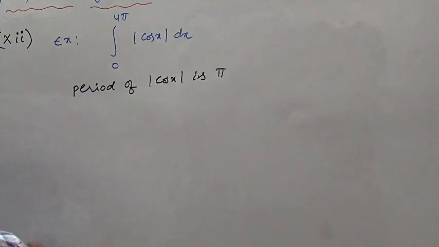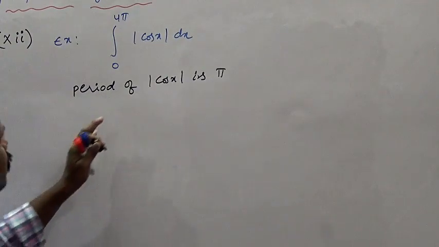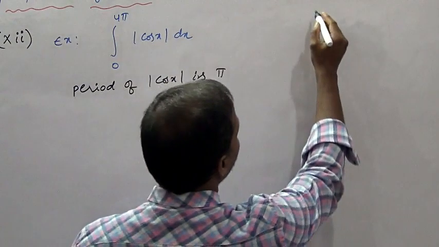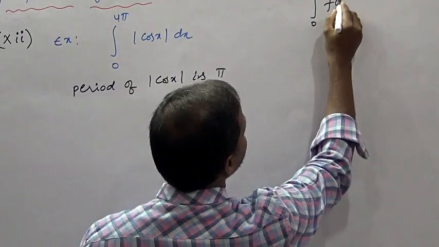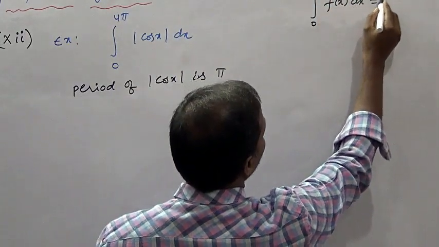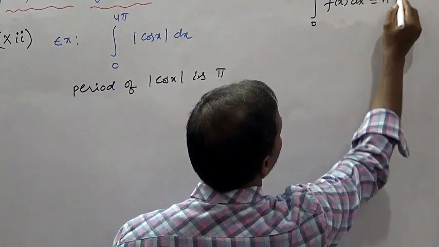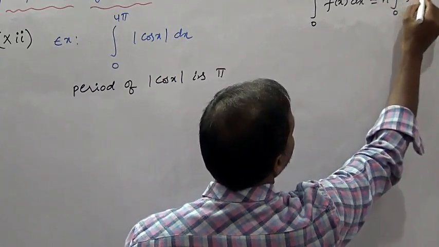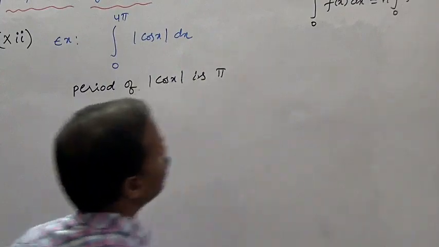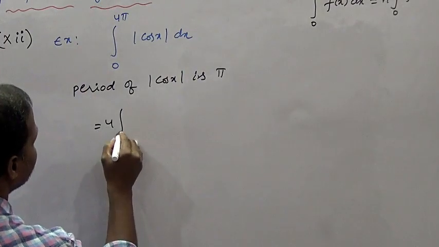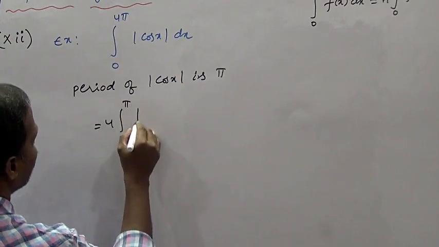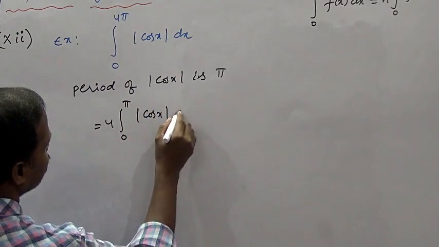Now according to our property, the integral from 0 to n t of f of x dx equals n times the integral from 0 to t of f of x dx. So this can be written as 4 times the integral from 0 to pi of mod cos x dx.